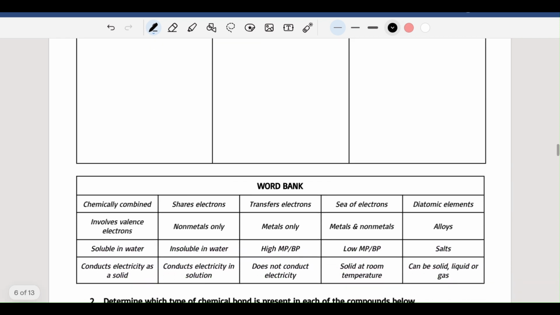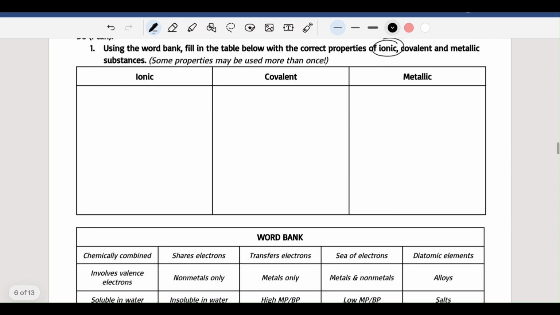So you're going to use this word bank and write everything that you think applies to ionic compounds, and then we will come back together. So it'll pause and give you a question, and then when you're done, I will show you the full answer. Okay, so we're back. Let's go over the answers.